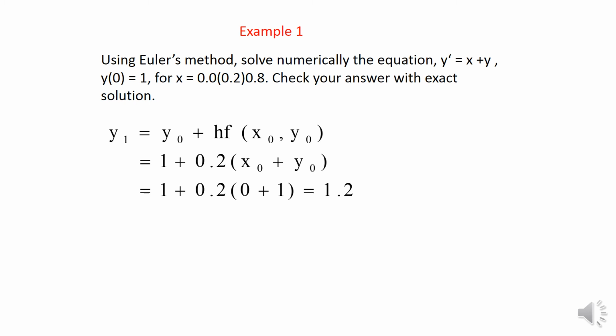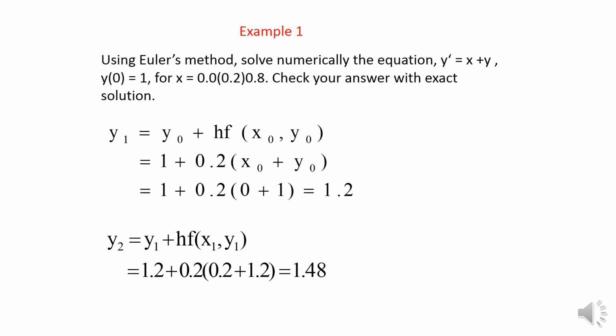So we put the x0 value, which is 0, and the y0 value is 1, so y1 comes to 1.2. Now we calculate y2. So 1.2 plus h, which is 0.2, times (x1, which is 0.2, plus y1, which is 1.2), we get 1.48.